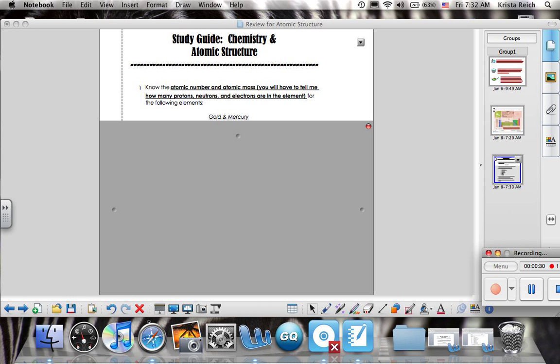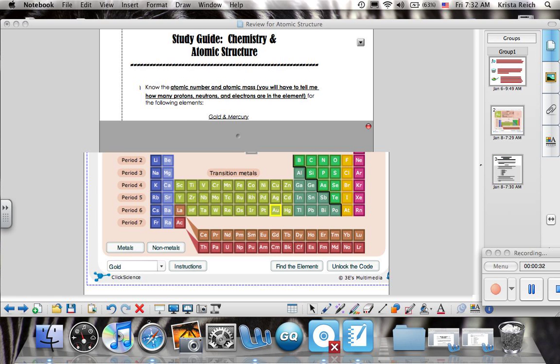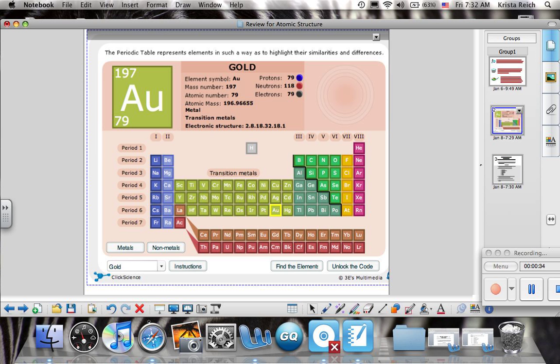So I've included the periodic table here, and if you see right here, this is gold. The atomic symbol is Au. The atomic mass is 196 or 197, either number is fine.